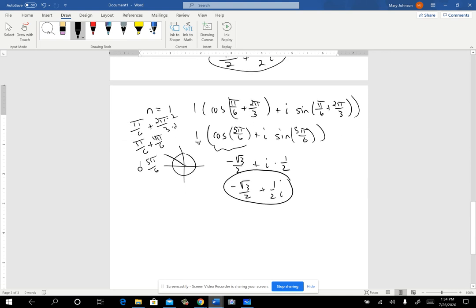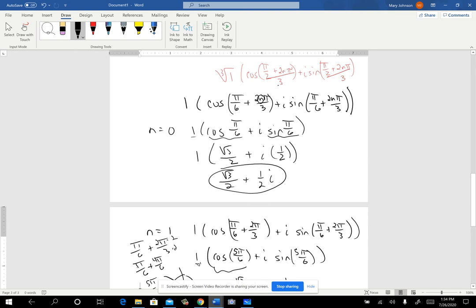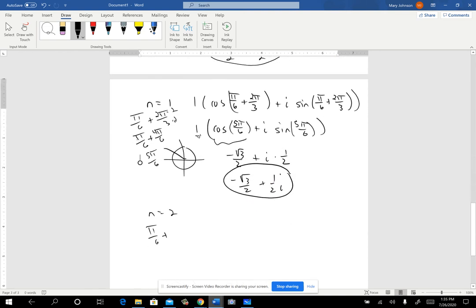And then to find the third root, we let n equal 2. So let's use this idea. So we're going to take pi over 6 plus, and let me go back up where you can see where I'm plugging it in. I'm plugging it in right there. So we have 2n pi over 3, and n is 2.